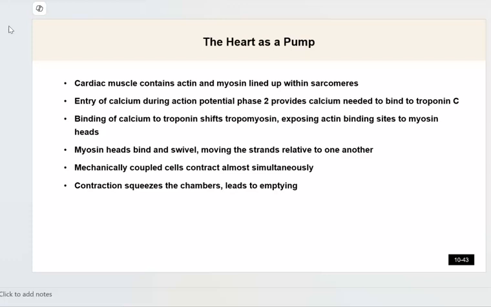The cardiac muscle contains, which we talked about, the actin and the myosin lined up with the sarcomeres. We have the entry of the calcium during our action potential phase 2 to provide the calcium needed to bind to troponin C. Binding of calcium to troponin shifts tropomyosin, exposing actin binding sites to the myosin heads.